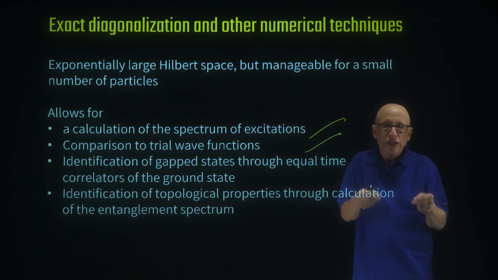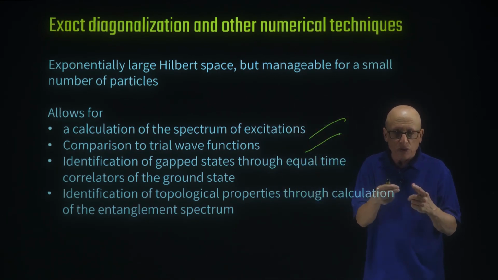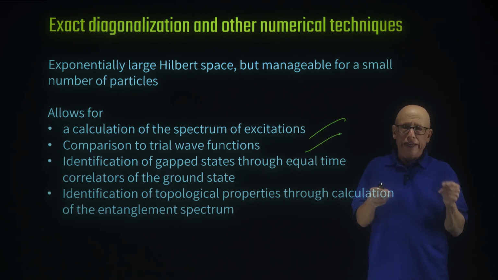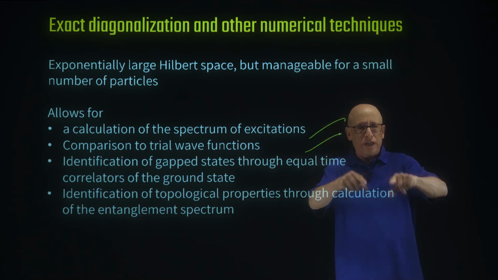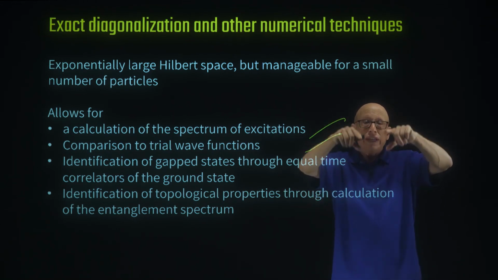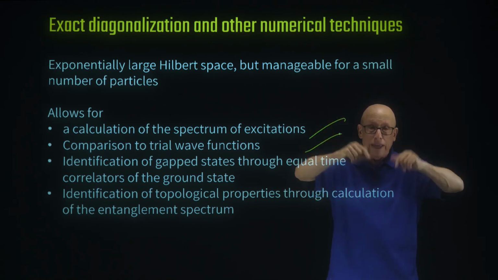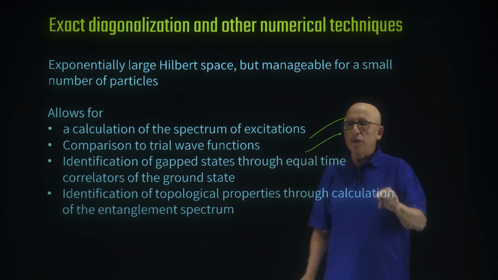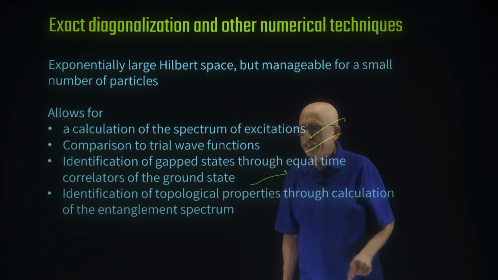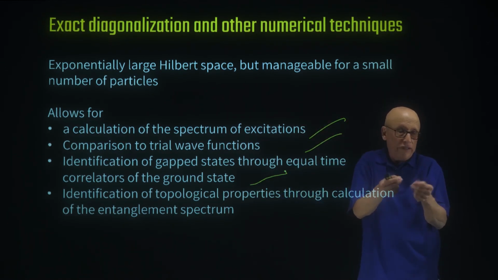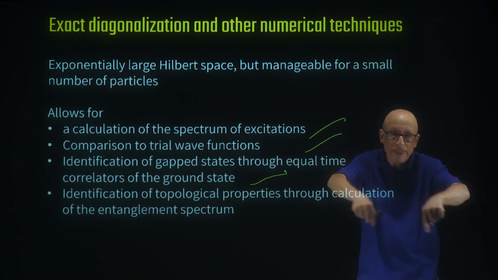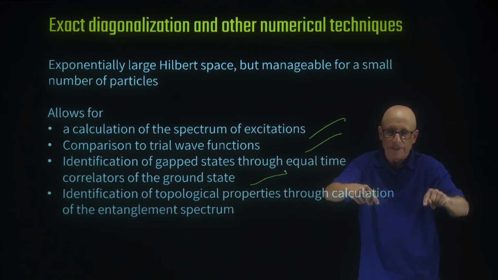We can also carry out two types of calculations which we are not talking about here. One is to identify whether a particular wave function describes the ground state of a gapped Hamiltonian or a gapless Hamiltonian. We do that by looking at equal time correlators of various local operators within the ground state that we examine.